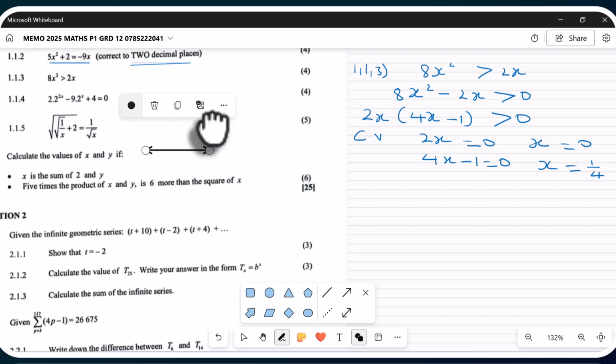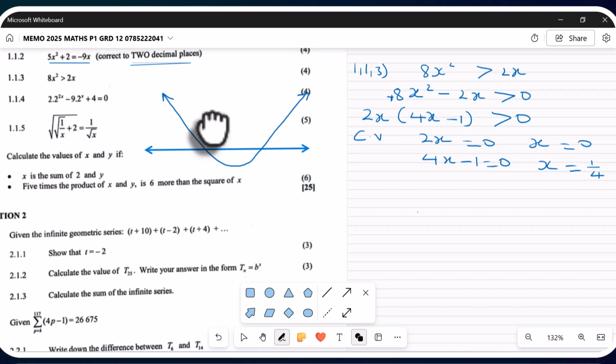Now you look at our coefficient of x squared, which is positive, in this case positive 8, meaning our shape for the parabola belongs with the smiling face, so we draw it like this. Then you put the critical values starting from the smallest, which is 0 in this case, so put the 0 here, and then the second critical value, which is 1 over 4, put it here.